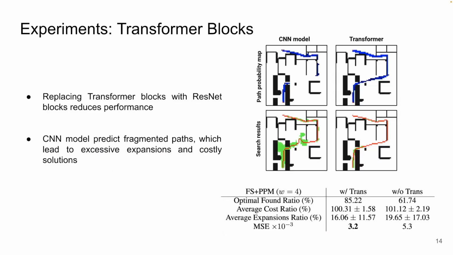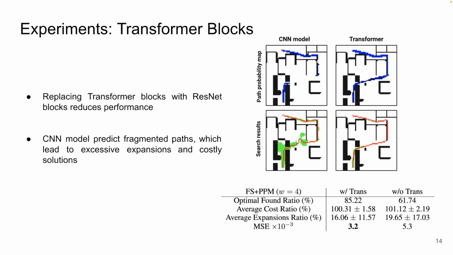To demonstrate the importance of using the transformer block in our model, we replaced it by ResNet blocks. We trained this model similarly to the base model, and clearly the usage of transformers notably increases the performance across all of the considered metrics, as the table on the slide tells. The figure on the slide shows an example where the CNN model predicts a fragmented guidance path, while the transformer constructs a continuous path tunnel.